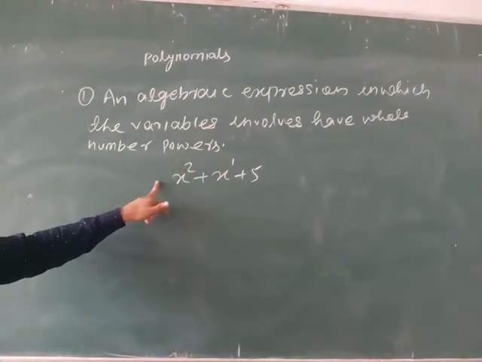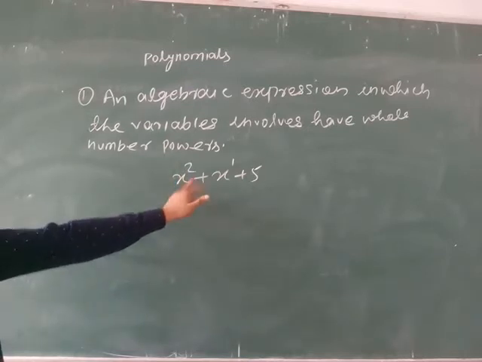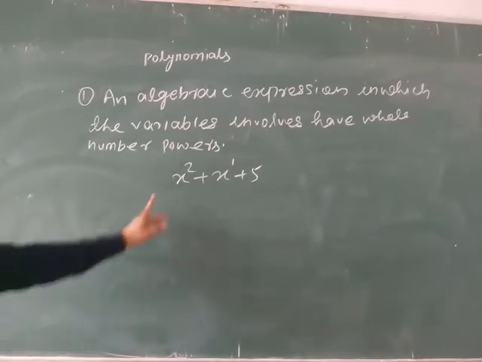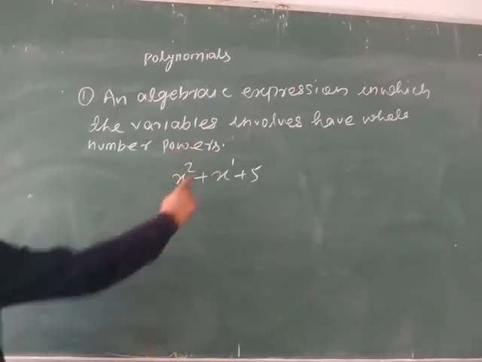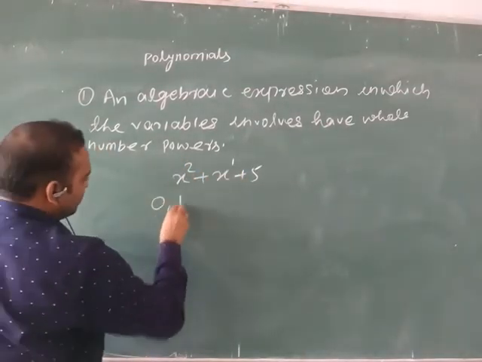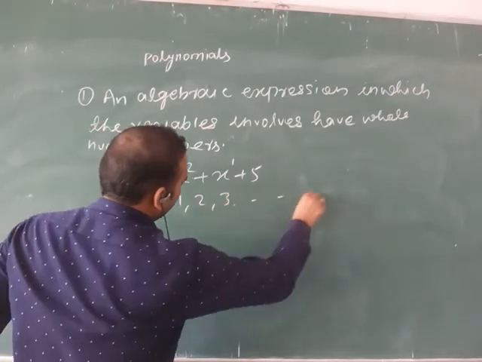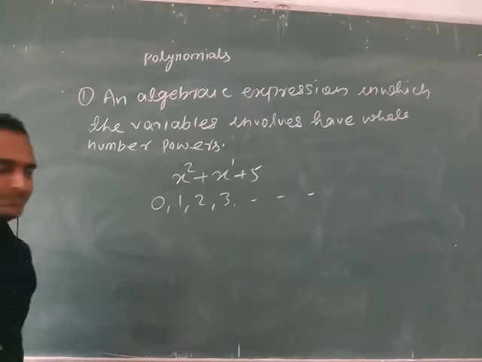So the maximum power is called degree, and the degree of this polynomial is 2. 1 is a whole number, 2 is a whole number. Whole numbers start from 0, 1, 2, 3, and so on. So this is a polynomial.